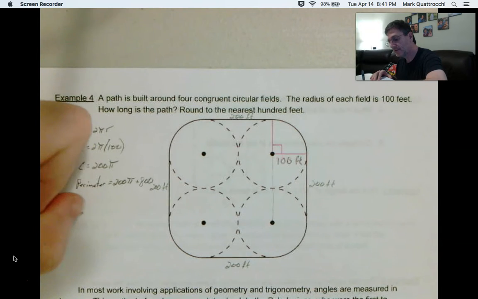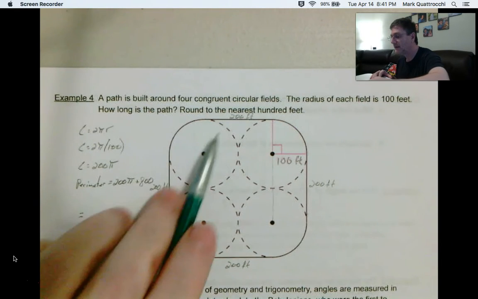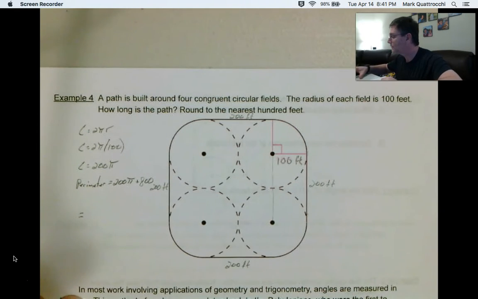We want to round it to the nearest 100 feet. So 200 times pi plus 800 is going to equal about 1,400.